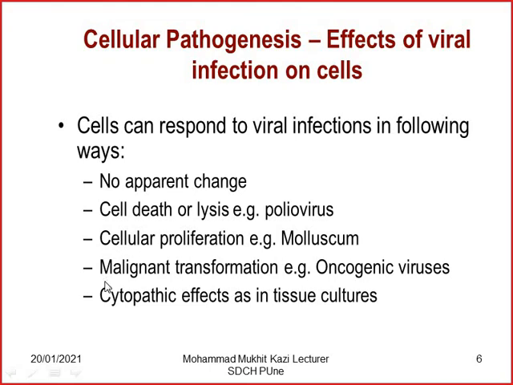Malignant transformation: sometimes certain oncogenic viruses turn normal cells into malignant cells. And then cytopathic effects in tissue culture. This is not in the host, but it can be seen in the laboratory. Cytopathic effect means that if you have a monolayer of cells, and you want to see whether cytopathic effects are there or not due to the viruses, then you can study it in tissue culture.